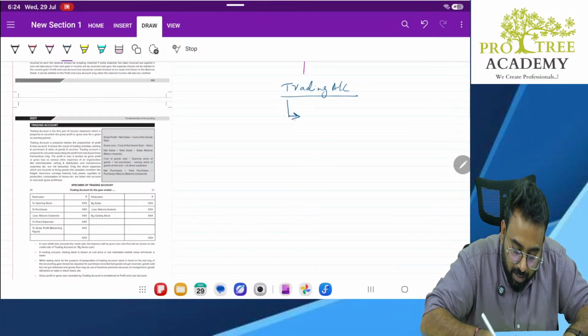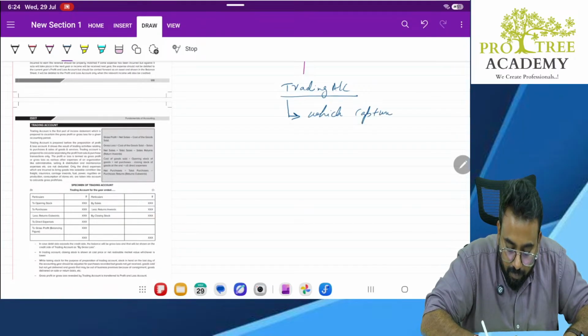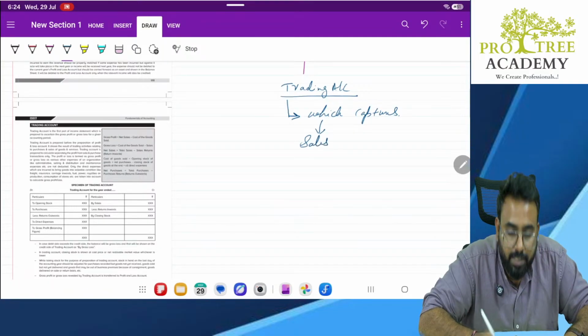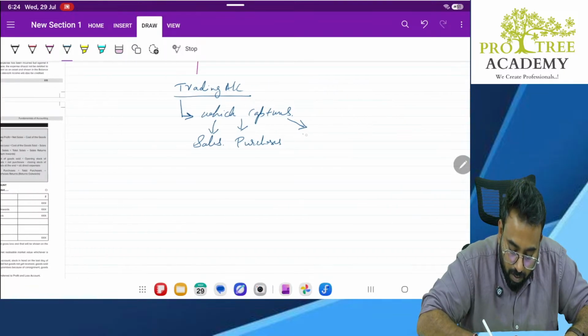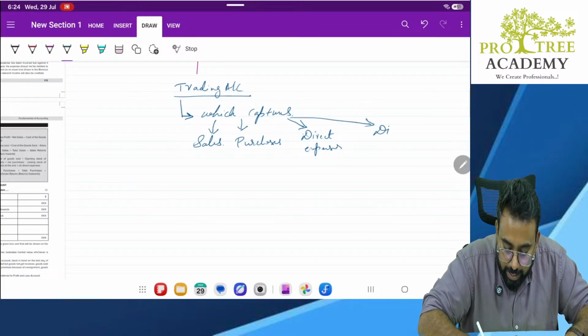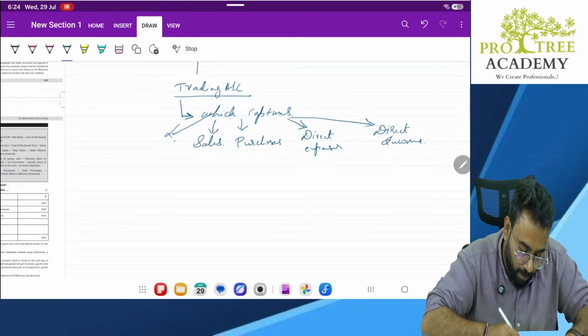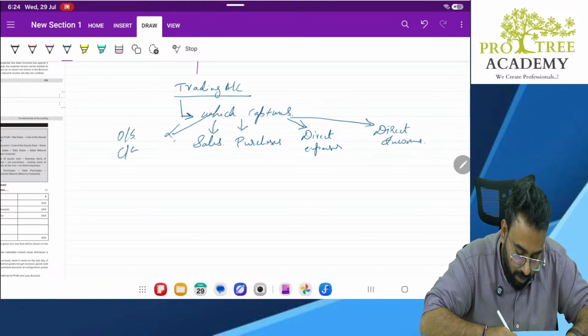Trading account is something which captures sales, purchases, direct expenses, direct income, opening stock and closing stock.